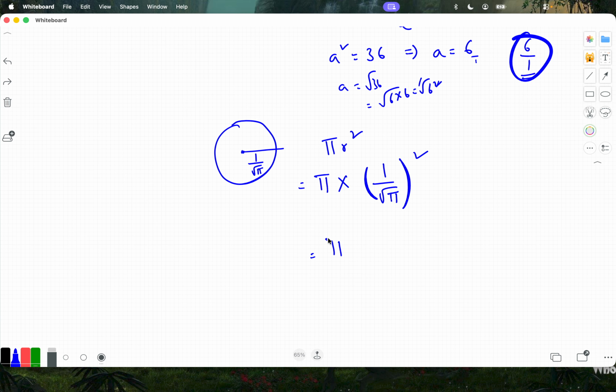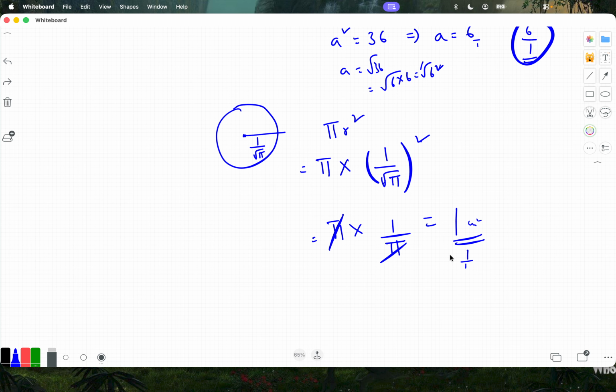So pi into 1 square is 1. Root pi square is pi, since the square and the root get cancelled. So pi and pi are cancelled. So the area of the circle is 1 centimeter square or something. So 1 can be written as 1 by 1. So this is a rational number.